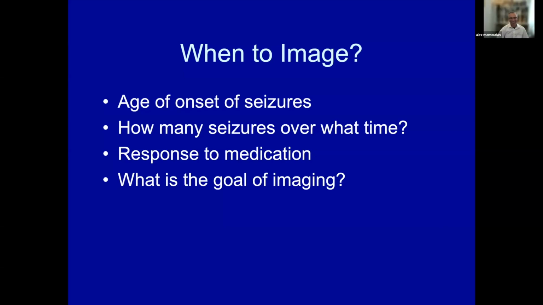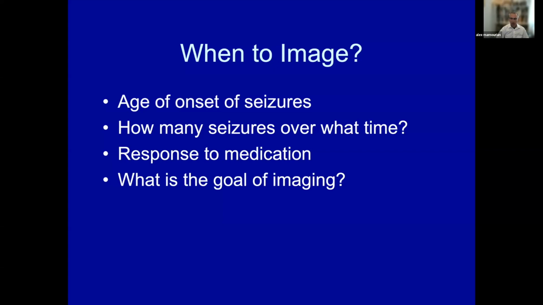All right, great. So the first question will come up, and again, in terms of our role as radiologists, oftentimes this is an important issue: the appropriate use of the technology. So when should we image patients with seizures? The age of onset of seizures will determine the role of imaging as well as the way we image.